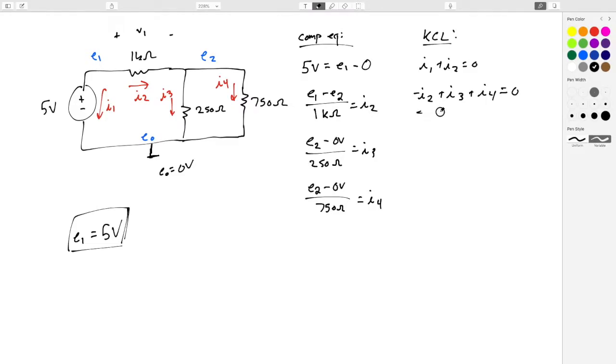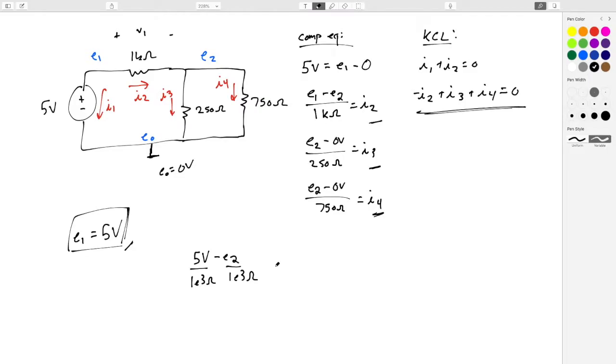So I'm going to take this equation, drop in each one of these, as well as this piece of information. So let's write that out. 5 volts minus E2. I'm going to break up the denominators just for ease of use. 1e3 ohms over 1e3 ohms.